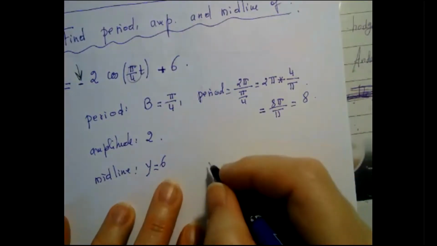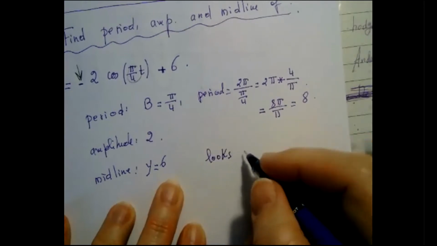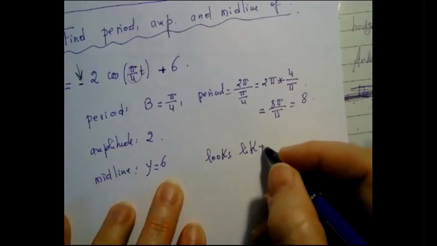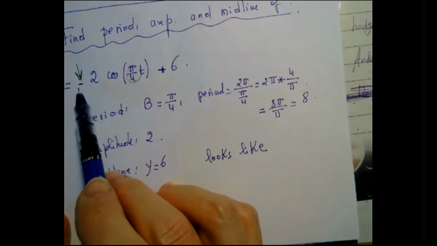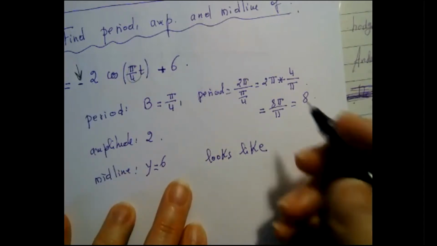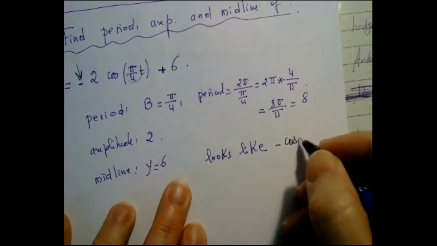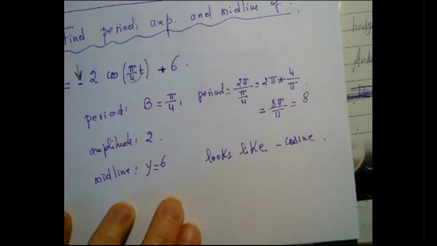How's the graph going to look? Having a minus will make the graph look like minus cosine, not cosine, because I have a minus in here.